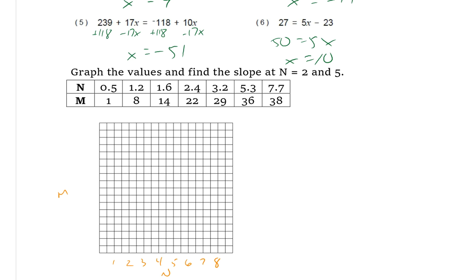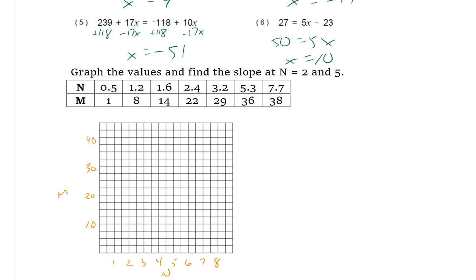If I count my boxes, I've got 1, 2, 3, 4, 5, 6, 7, 8, 9. It looks around 18 boxes, so going up by 2s won't quite fit, so we'll have to go up by a different value. Let's try going up by 10 every 4 boxes, because I've got to go up to 40. So that's 10, 20, 30, and 40, and that actually fit pretty good.